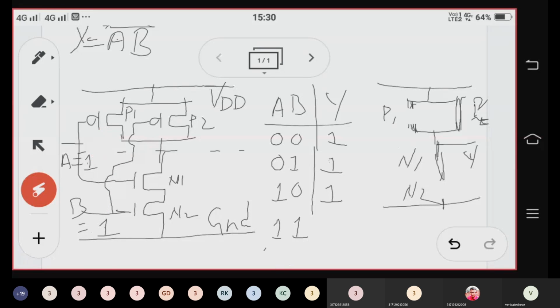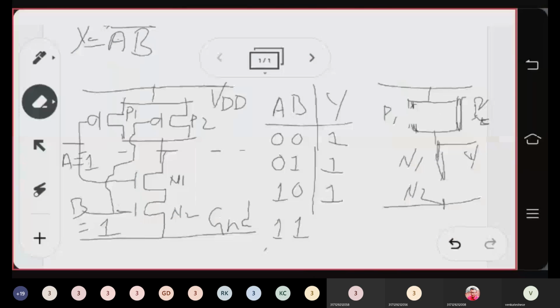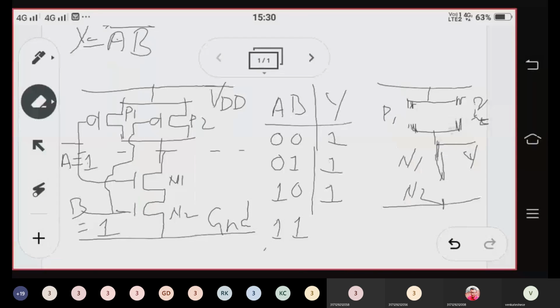Yes. 1 is given to the P1, similarly 1 is given to the P2, so both P1 and P2 are in off condition. Both A equal to 1 and B equal to 1 are given to the N1 and N2, so both N1 and N2 are in on condition.